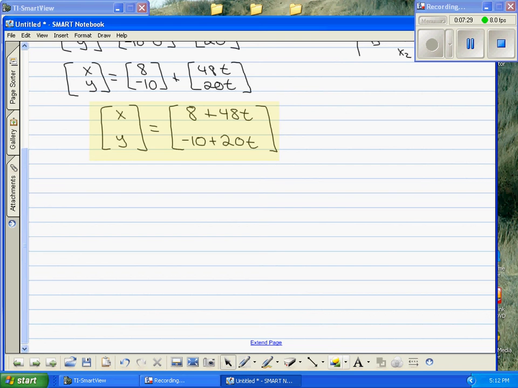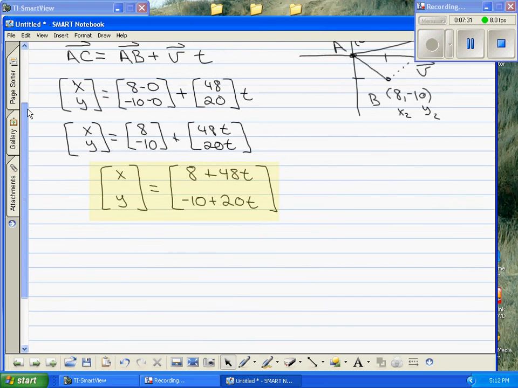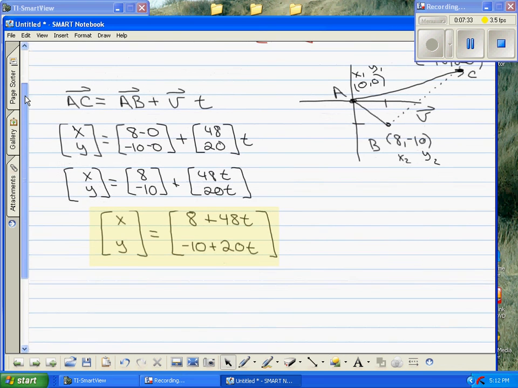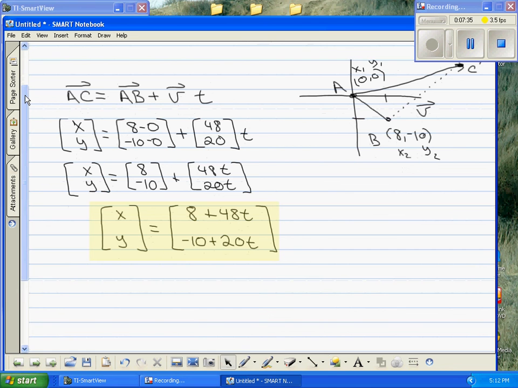Now, more than likely, the problem isn't going to end here. It's going to probably ask you to find what will be the position of the car after 1 hour or 2 hours, 3 hours, maybe a set of hours. When will the car be directly east of us? I have about 2 minutes. I think I could actually solve that. When will the car be directly east of us? Well, let's see.